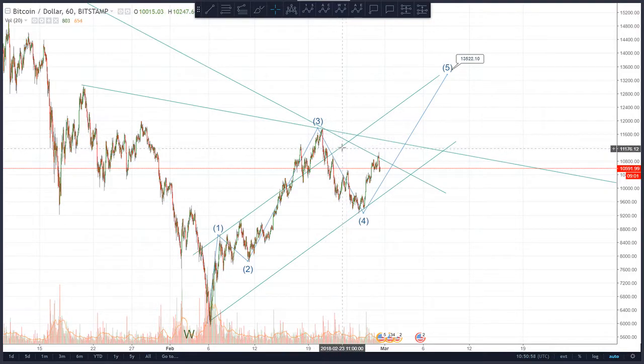Now the first leg, this would be wave A of the triangle. There's 7 legs down. So if we count them, 1, 2, 3, 4, 5, 6, 7. Whenever you see 7 legs down like that, always think it's a retracement pattern. Basically it's 2 zigzag patterns joined back to back.